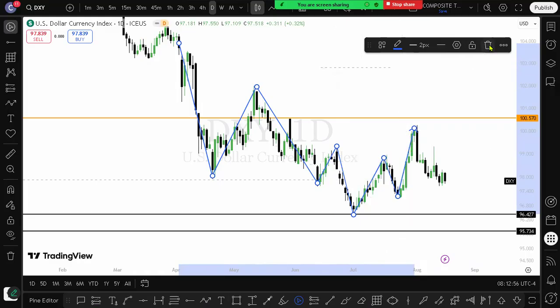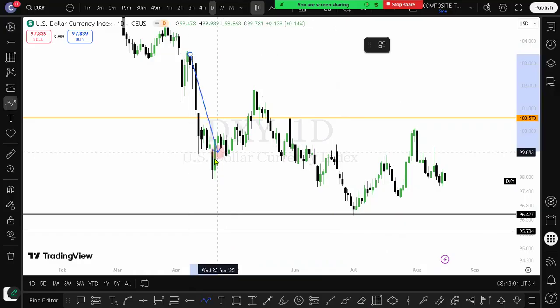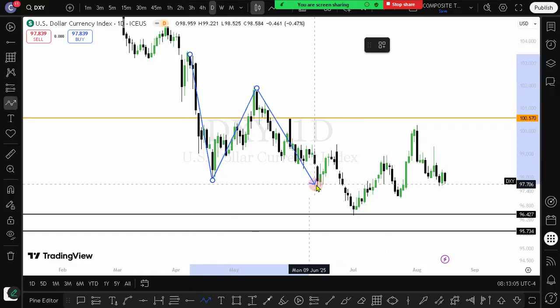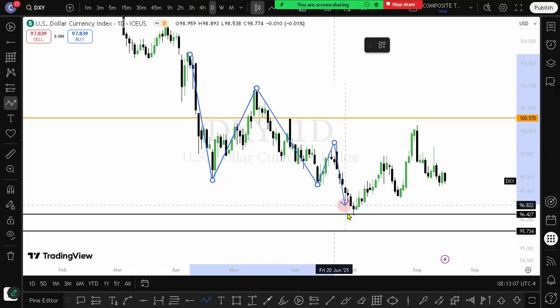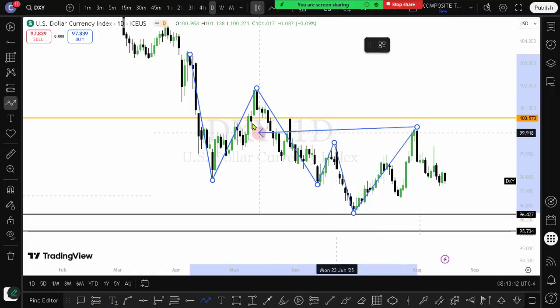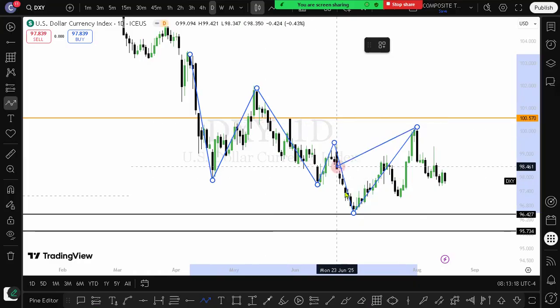So in short, on a bigger picture scale: drop, rally, drop, rally, drop, then the rally is here because this one is inside this high and this low. So this is the main move. So this was impulsive, correction, impulsive, correction, impulsive, then the new correction.